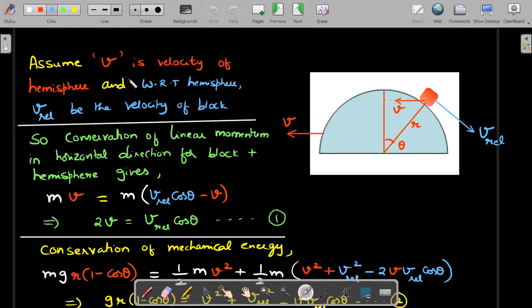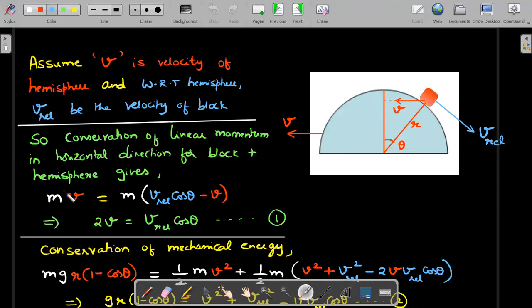After that introduction, the first thing that comes to our mind is the conservation of linear momentum in the horizontal direction. In the vertical it is not applicable because there is an external force of weight and normal reaction, but in the horizontal direction, on the two bodies as a system together, you will not have any external force. So the leftward momentum of the hemisphere should be equal to the rightward momentum of the block with respect to the ground.